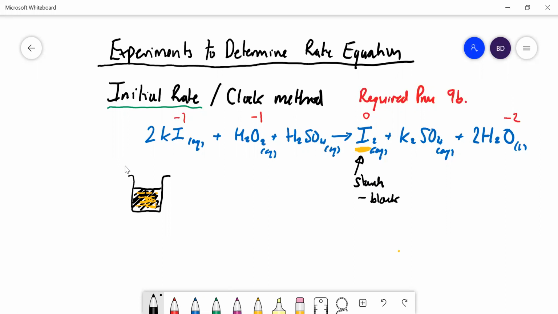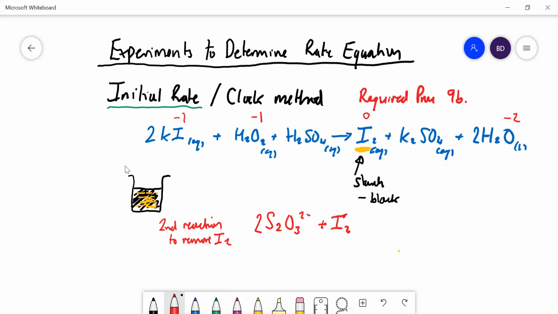So what we do is we use a second reaction here to destroy the iodine that is formed. Second reaction to remove some of the iodine, okay? And the reaction we have is thiosulfate reacts with iodine.